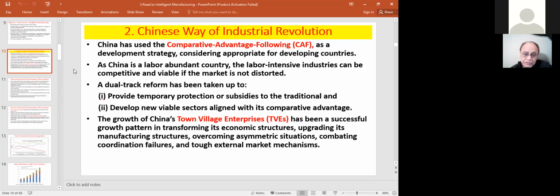So they went into small towns and villages and established small facilities, so that they could take advantage of the cheap labor. This has been a marketing edge which China has taken advantage of.